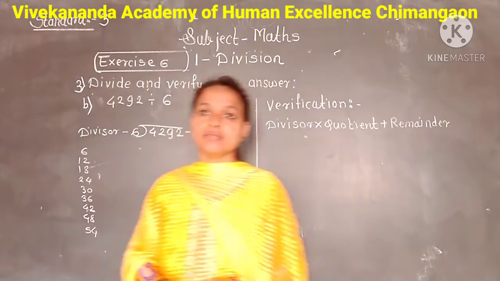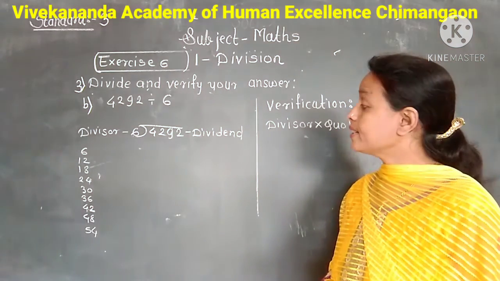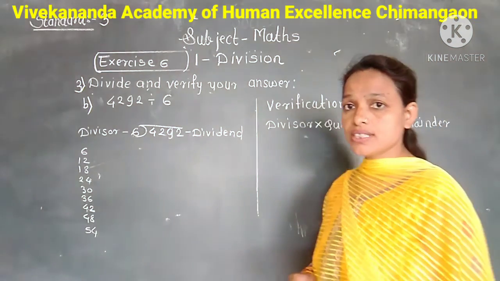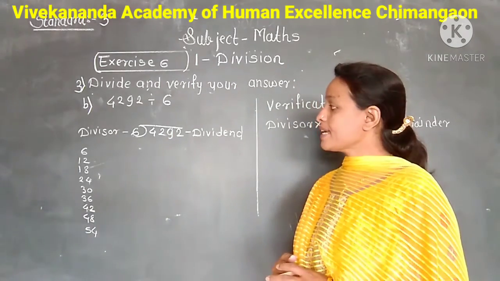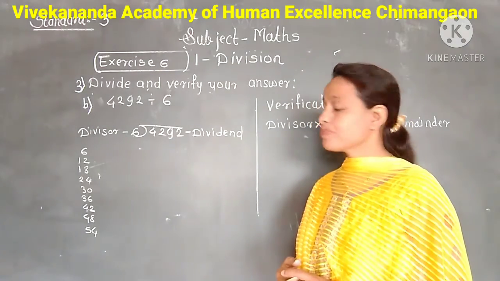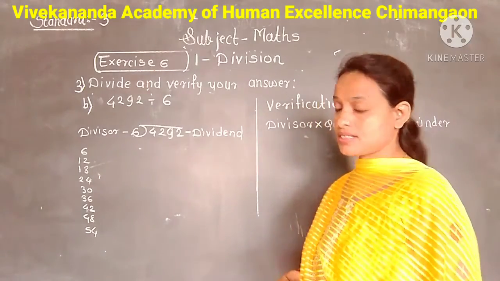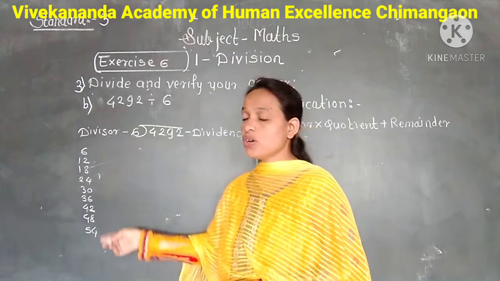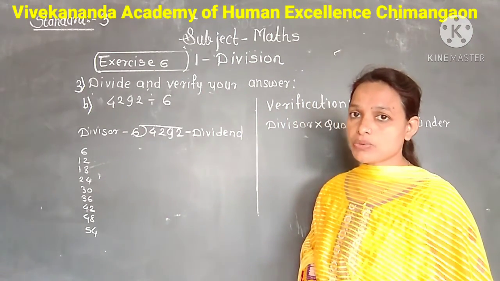Next example, 4292 divided by 6. So in this example, 4292 is a dividend and 6 is a divisor. So we write first dividend and divisor in the correct places. And here we write table of 6. Divisor is 6. Now we start from thousand place.